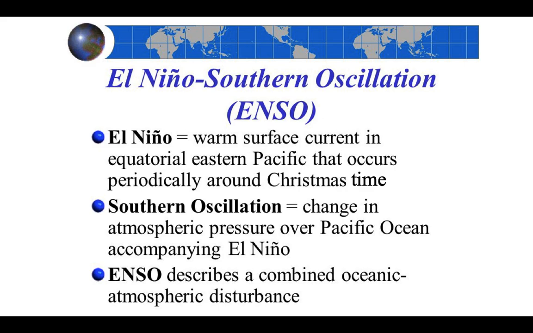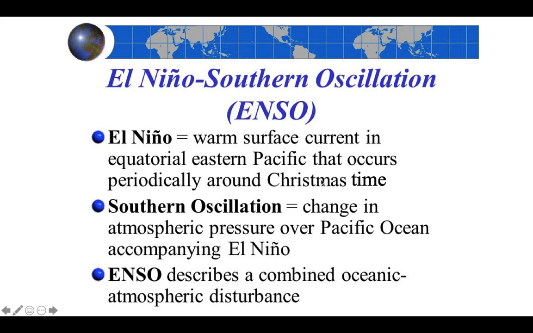You've probably heard about El Nino and El Nino events, which happen every 7 to 8 years, but it could be up to 10 years. So it's periodic, and it's all about this warm surface current in the equatorial eastern Pacific that affects the coastal climate and, in fact, reaches all the way to continental interiors.